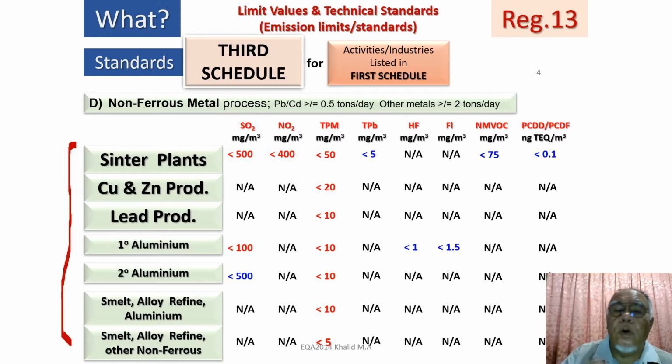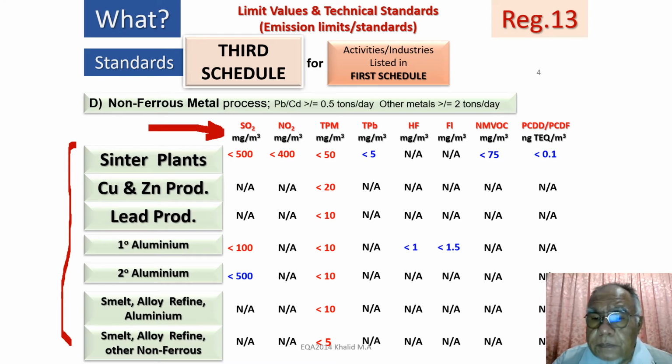Now let's take a look at the parameters. These are all the environmental parameters. They are specific to the nature and type of processes for this particular category. The first parameter, as you could see, is sulfur dioxide. All right, sulfur dioxide.